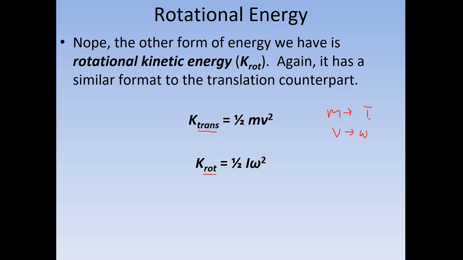But now that we have rotational kinetic energy that has to be taken into account, we're going to want to constantly ask ourselves: is the object moving along the floor? Is it rotating as it moves along the floor? And we're going to have to put the kinetic energies in depending on the scenario.